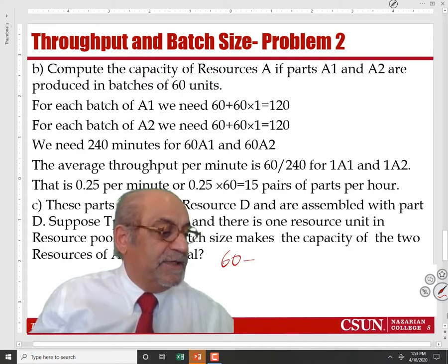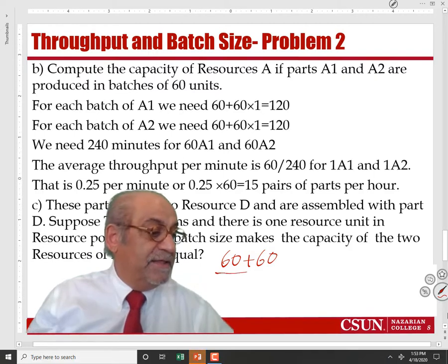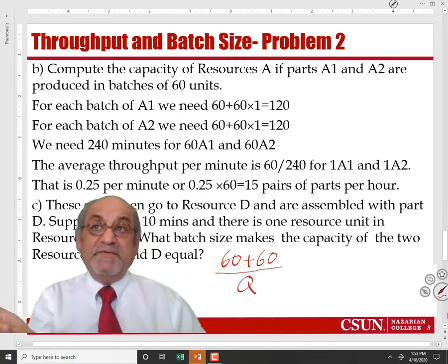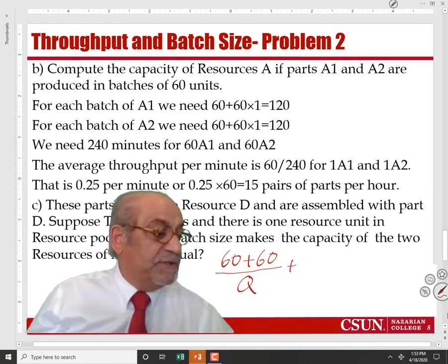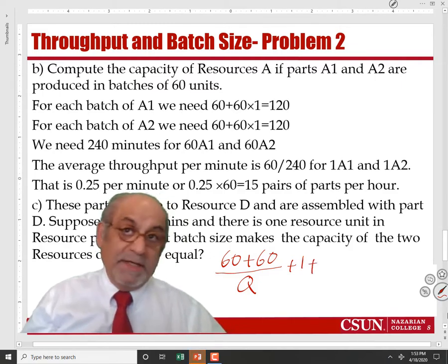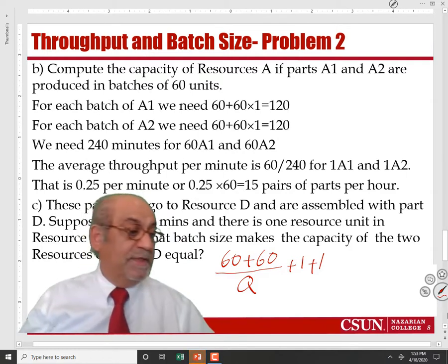60 plus 60 is setup time. This should be divided by Q. Q is the number of units in the batch. And this should be added to 1 minute for 1 unit of product A1 and 1 minute for 1 unit of product A2.